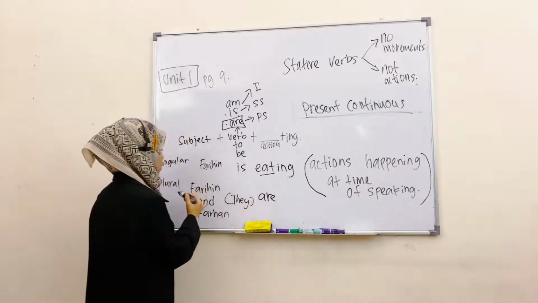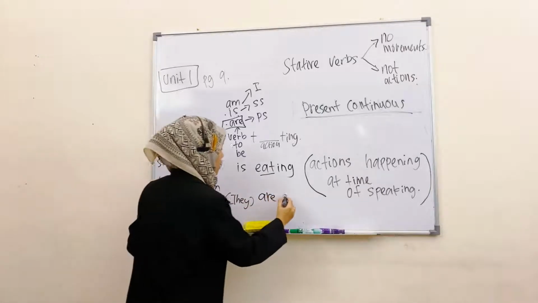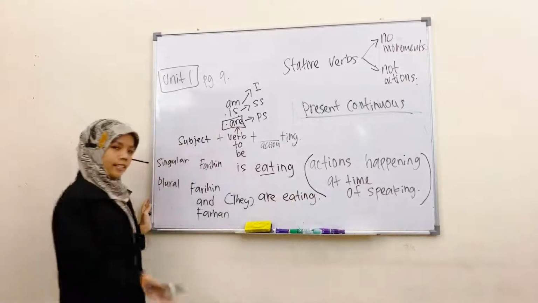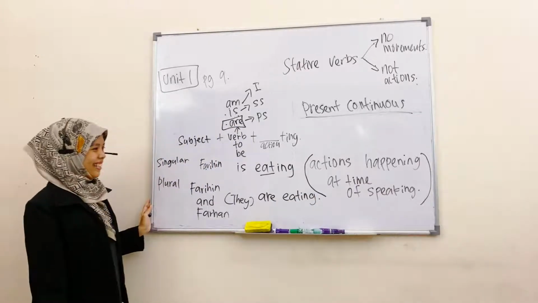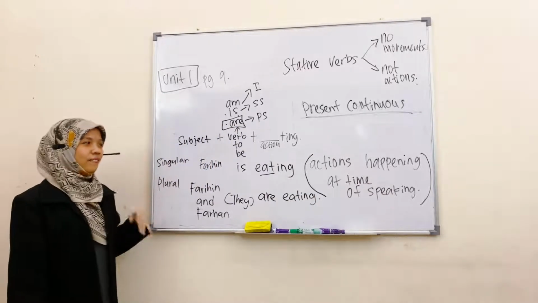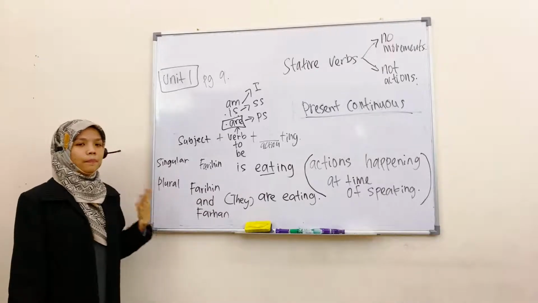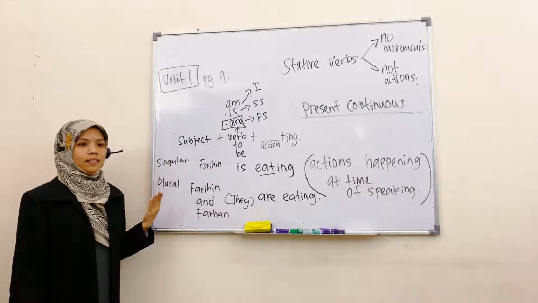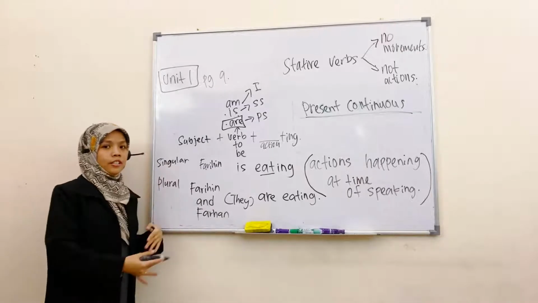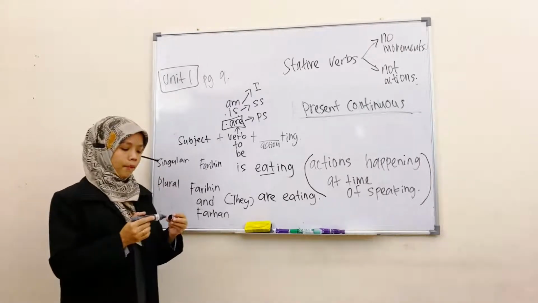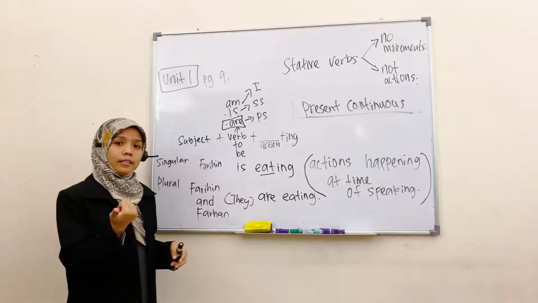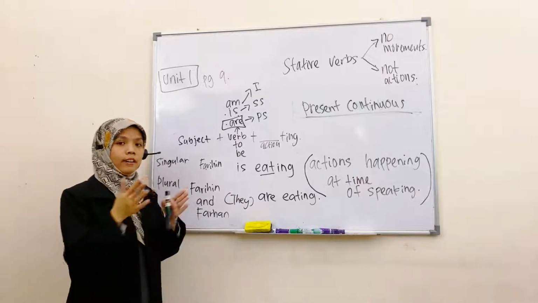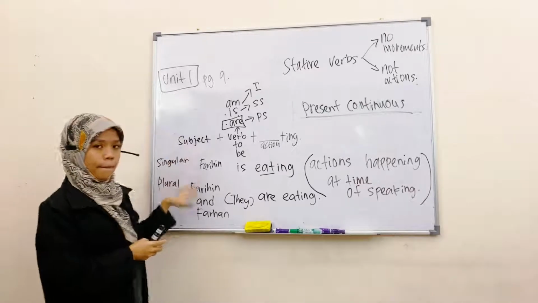Okay, so Farihin and Farhan, they are eating in the kitchen. Okay, see, it's very, very important for you to get ready with tenses. Later on, next unit you will learn about past simple, and then you will learn about can. That's what is under grammar 2. This one is grammar 1.